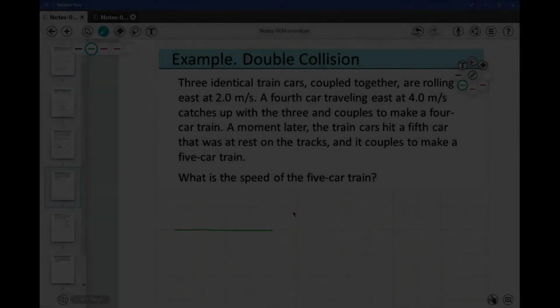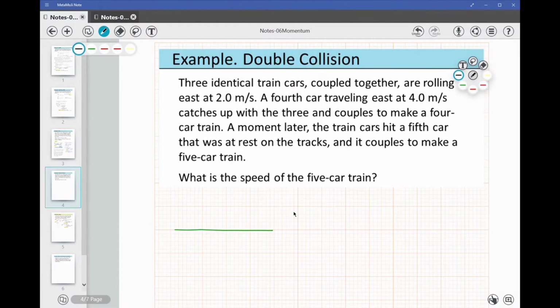In this problem, 3 trains are moving together to the east. If we consider the east to be to the right in our diagram, the 3 trains are moving to the right with a speed of 2 meters per second.